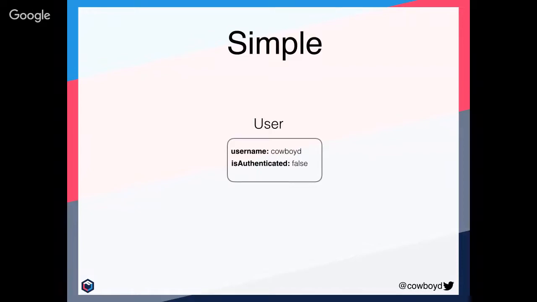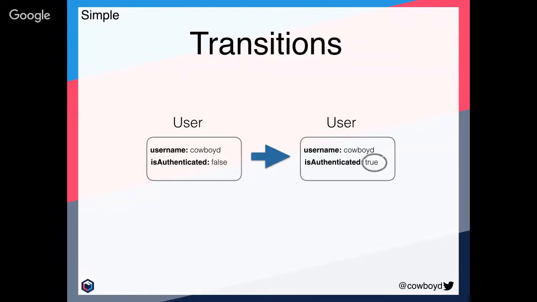You've got some simple POJO. If we want to render a user, we've got a simple POJO that says, here's the username, here it's authenticated. It's simple, and we can build a React component or some sort of component that renders that, no problem. And if we need to transition and make me authenticated, well, it's simple, right?